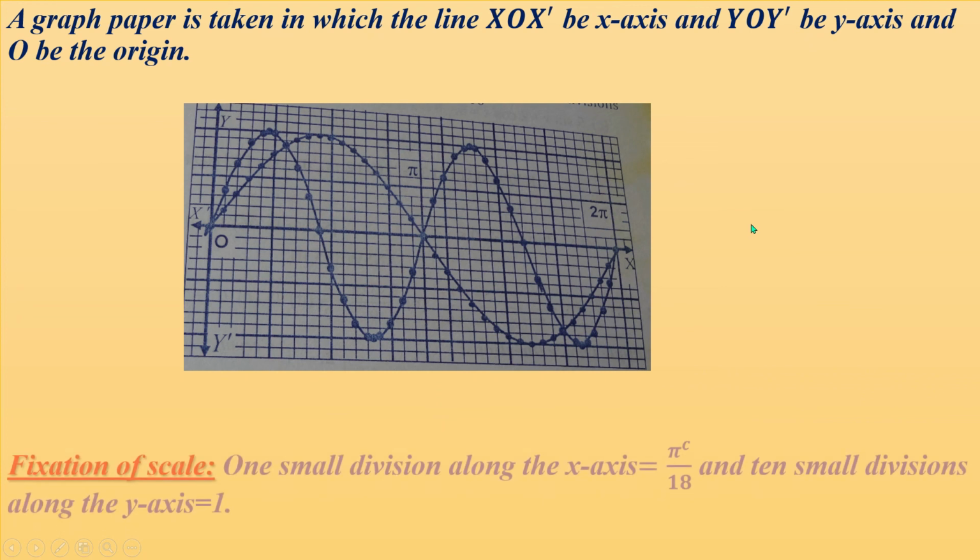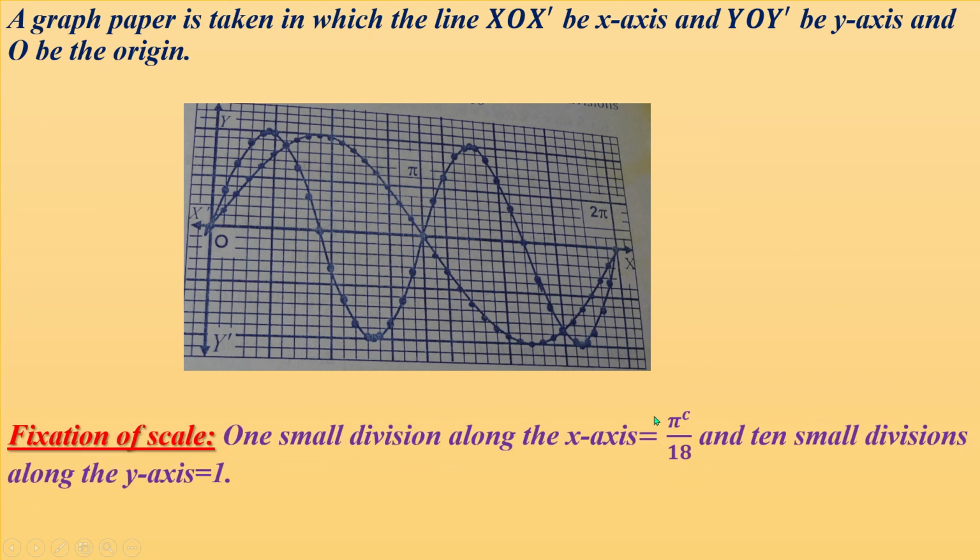Clear? Now follow the scale: pi by 18, that means 10 degrees. We will use this because the given range is in radian, and 10 small divisions along the y-axis equal 1.